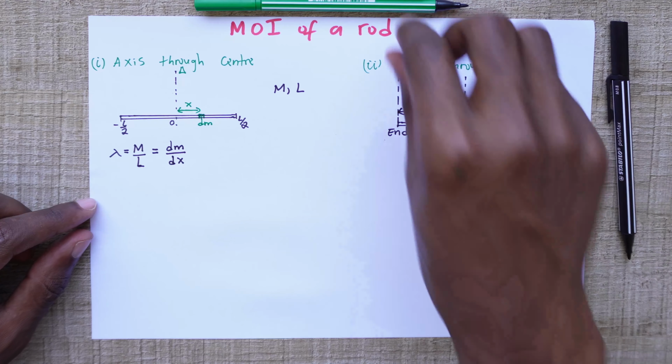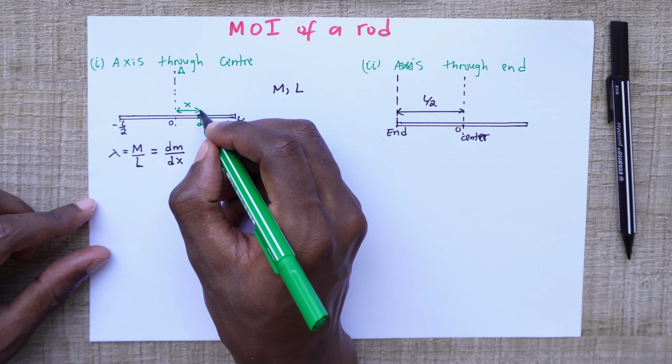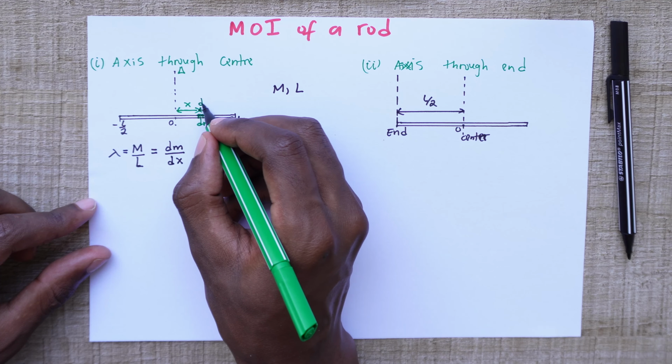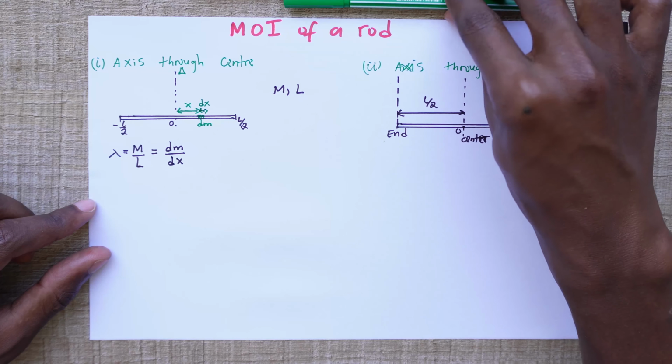So just suppose that this mass dm also has an elementary length or thickness dx.